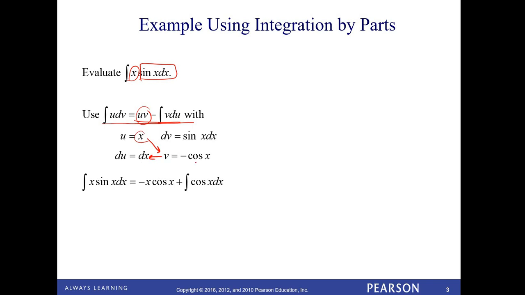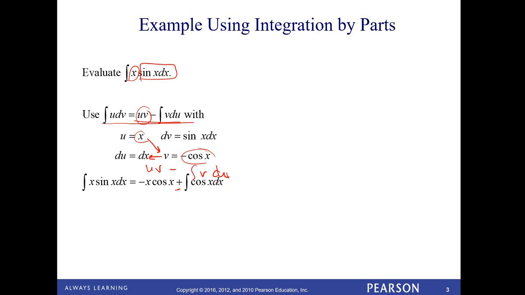So we're going to take x times negative cos x, that's our uv, minus the integral of v du. Now since it's minus a negative, they change that to plus. And this is our v du integrated.